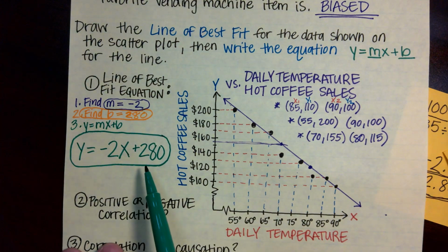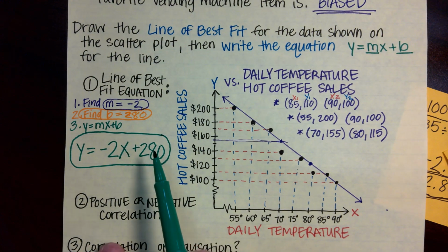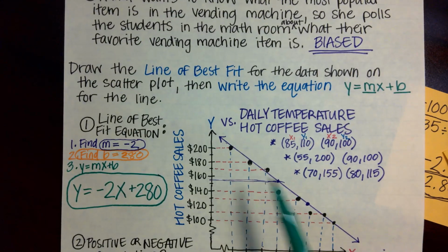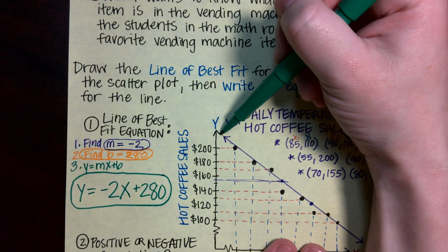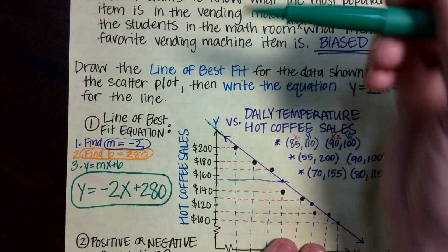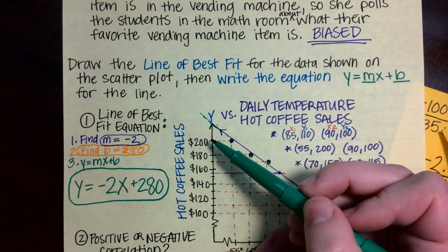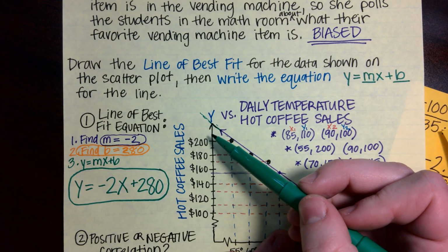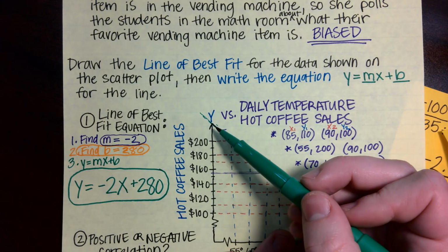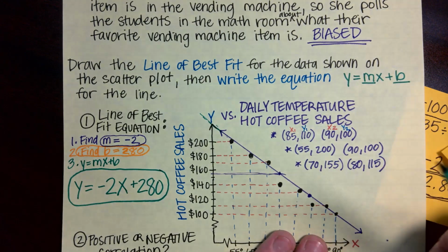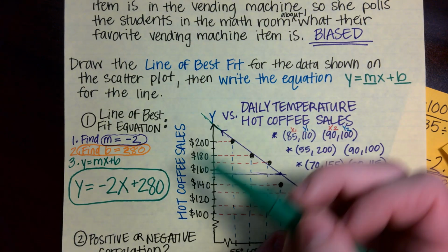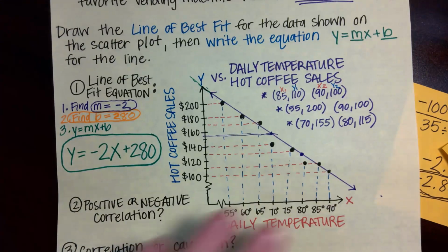And remember, our b is our y-intercept, and we can kind of reason with this graph. I can see that as my arrow goes up higher, it goes 200, 220, 240, 260. It might be a little off, but I might not have drawn it perfectly. But it looks like that's correct, guys.